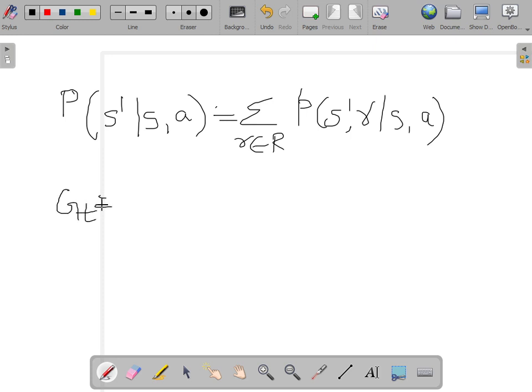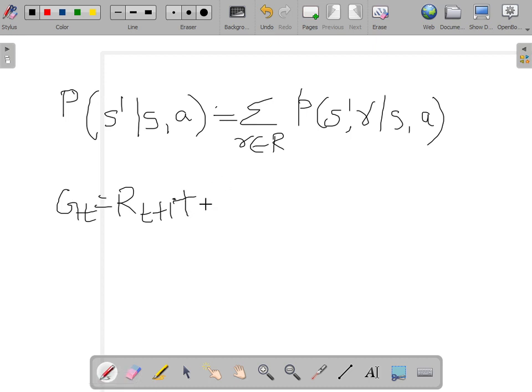G refers to the return at time t. Here we take R of t plus 1, the reward received at the next time step, in the next state. When it goes from time t to time t plus 1, it gets R_{t+1} as a reward.